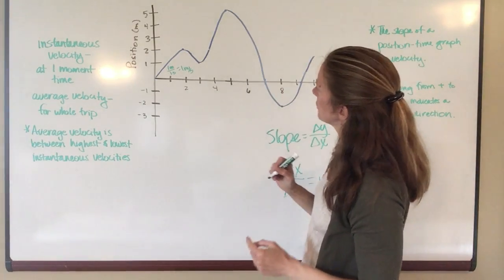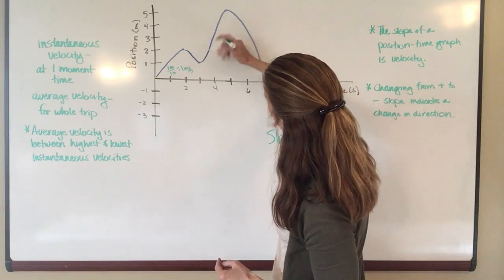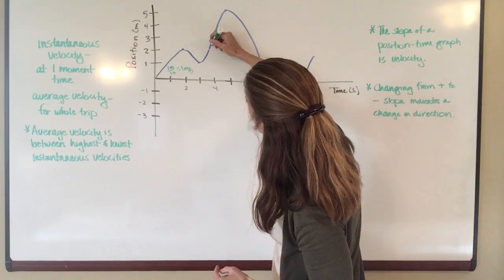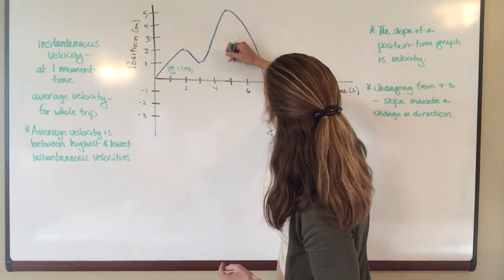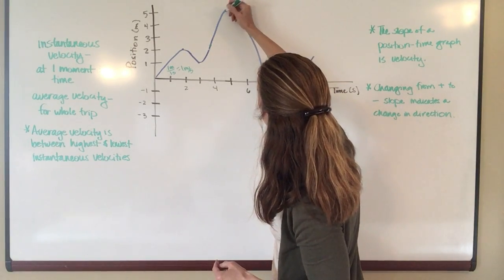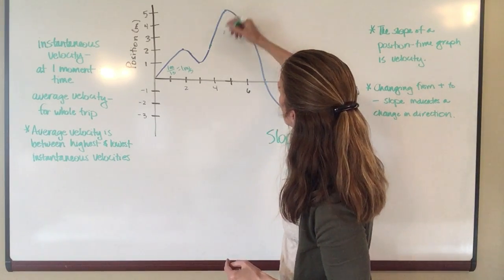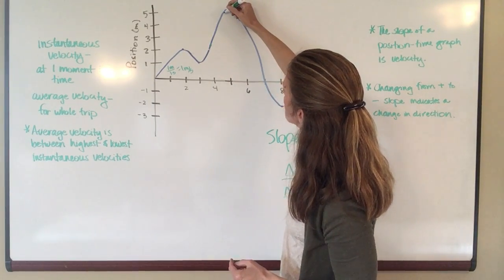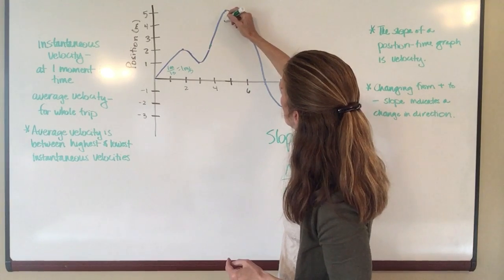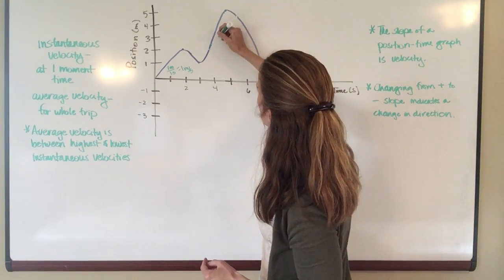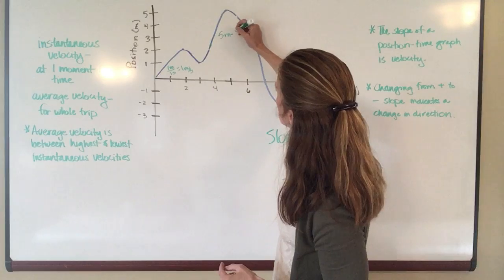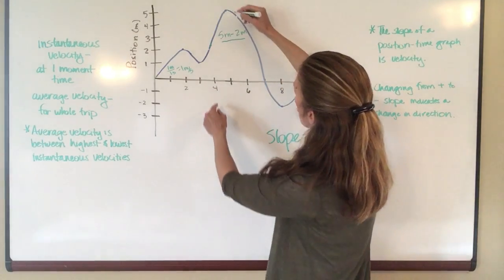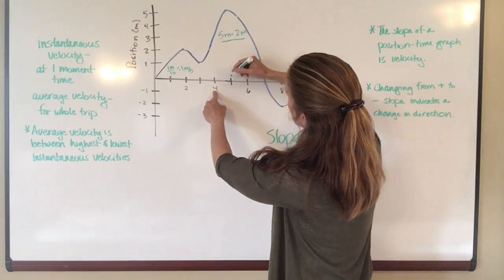Okay, if I look at maybe this portion of the graph, at 4 seconds he's about right here. At 5 seconds, he's about right here. So in this piece of the graph, he's gone 5 meters minus 2 meters, because there's the 5 and there's the 2, and that's all happened over 1 second in time.